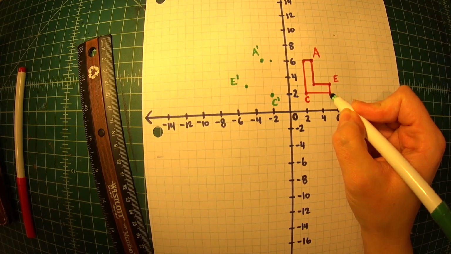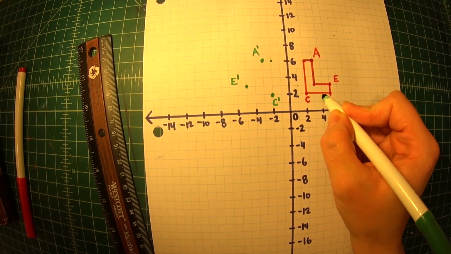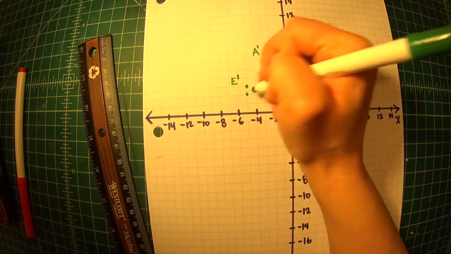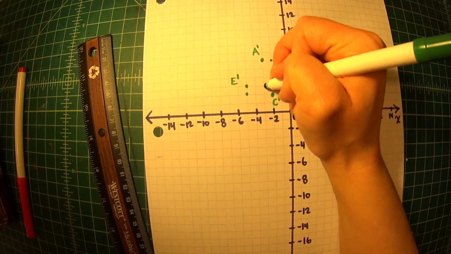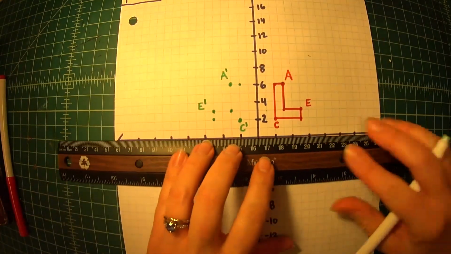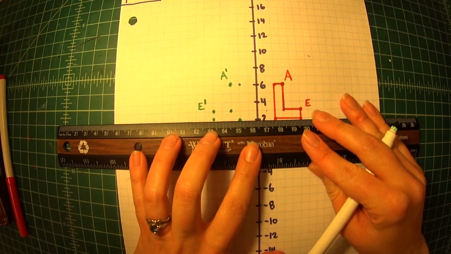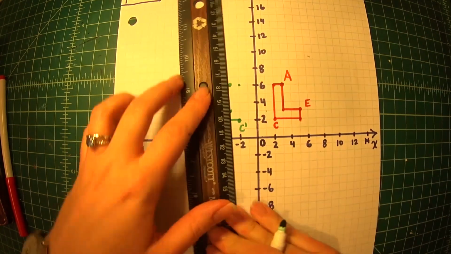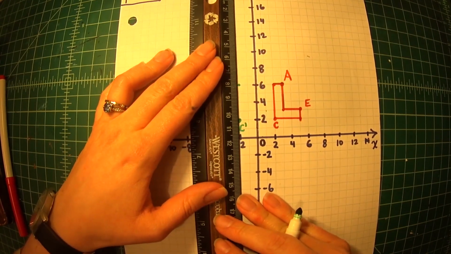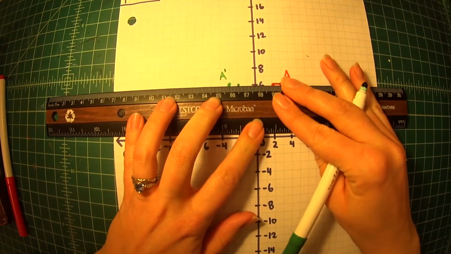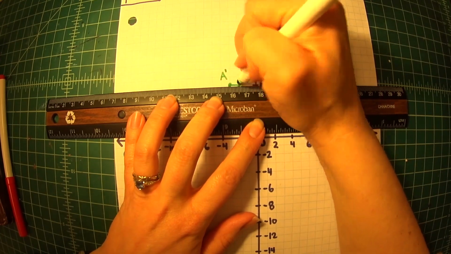This one underneath the E, 1, 2, 3, 4, 5, 1, 2, 3, 4, 5, there it is. And then diagonal from the C. So now I actually have more points to connect. So don't feel like you're limited to just what they've given you. You can always add more if it's going to help, if you're having a hard time visualizing how to connect it to make the shape or the image.